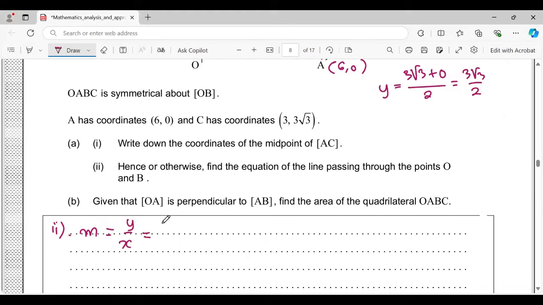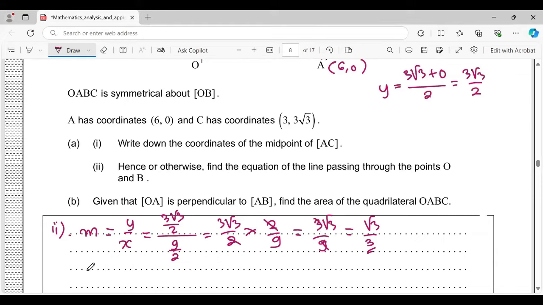Y is 3√3/2 over 9/2, so it becomes 3√3/2 times 2/9. So the gradient is 3√3 over 9, and it becomes √3 over 3. This is the gradient.